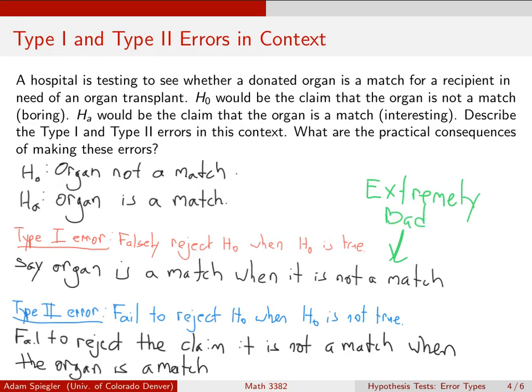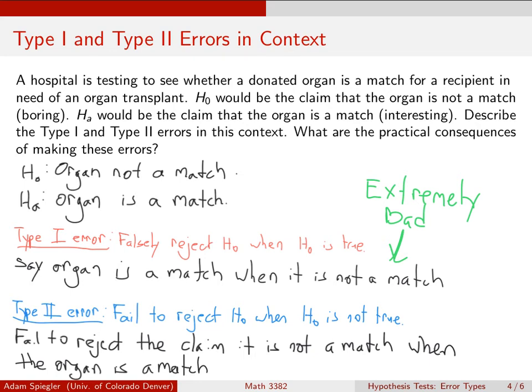The organ recipient, their body is going to reject the organ, so they might potentially die. And on top of that, someone that could have used that organ didn't receive it. So this is something that's extremely bad, and we want to really try and avoid this at all costs if we can.